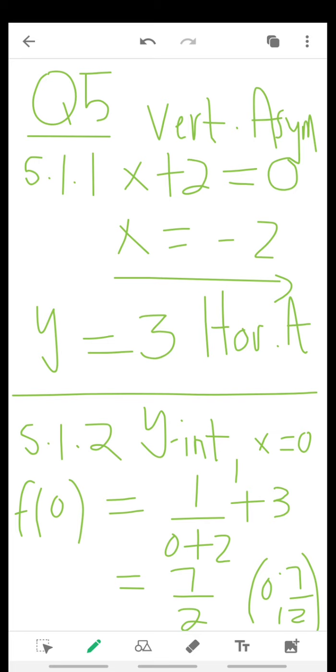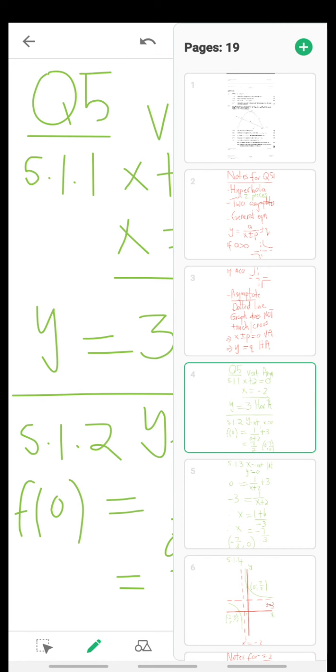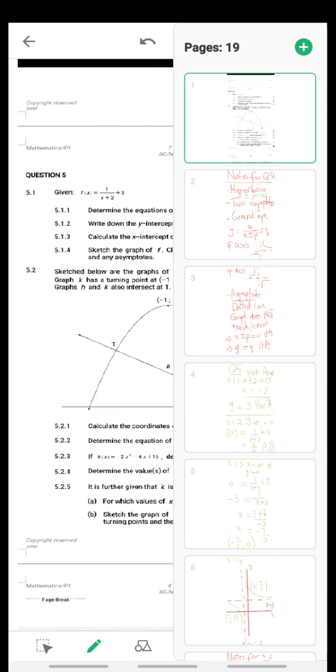Your question 5, which is on hyperbolas, parabolas, straight lines or linear functions, as well as exponential functions, is grade 11 content, and it forms part and parcel of your exam.